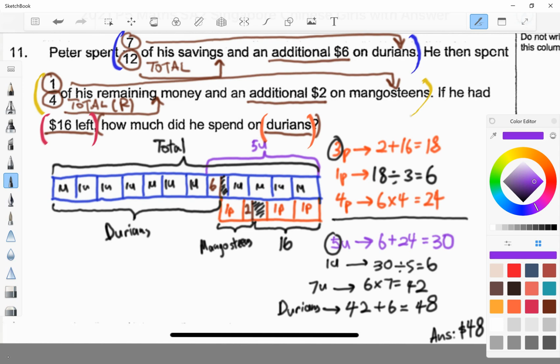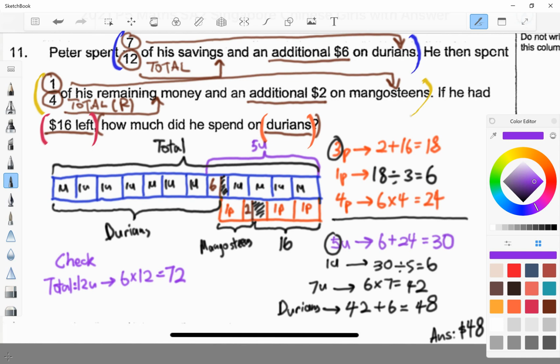Am I able to check for this question? The answer is yes. So what I just need to do is to find the total. If one unit is 6 and altogether the total must be 12 units, so 12 units will be 6 times 12, and from there I will get 72.